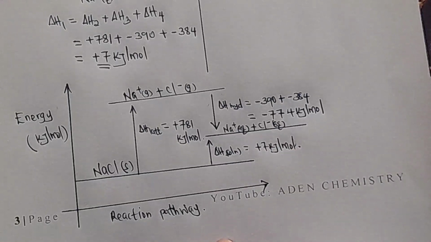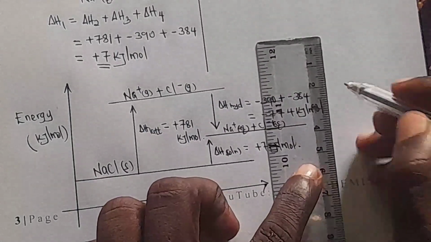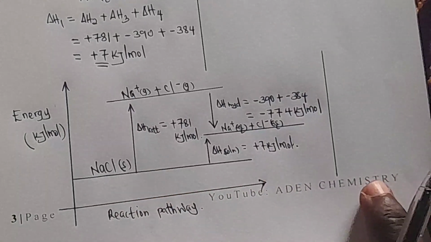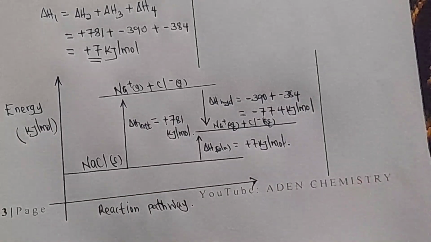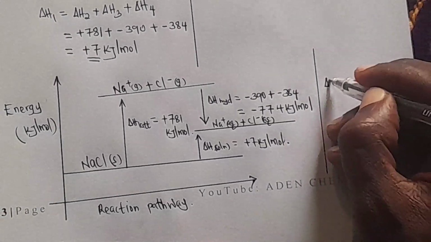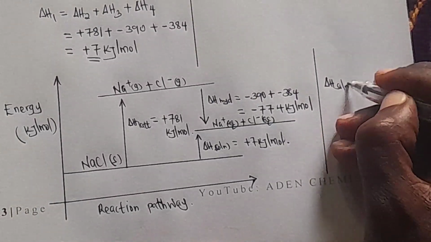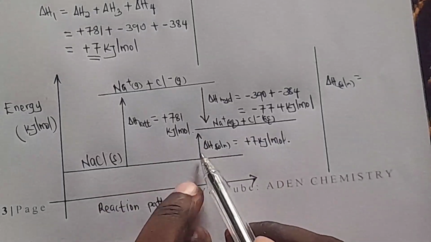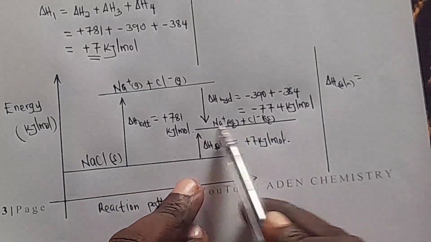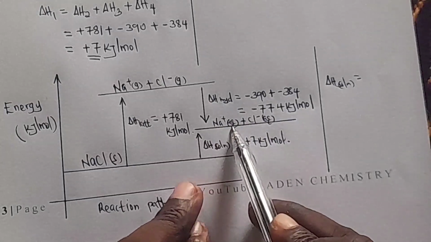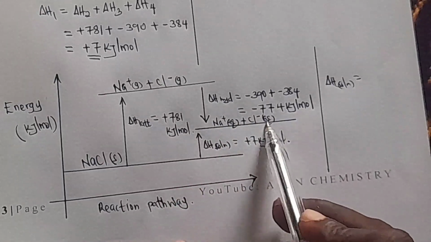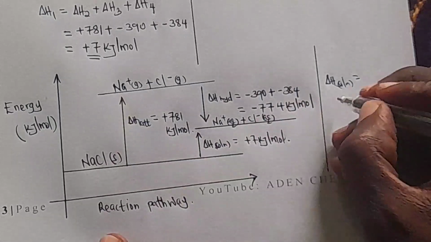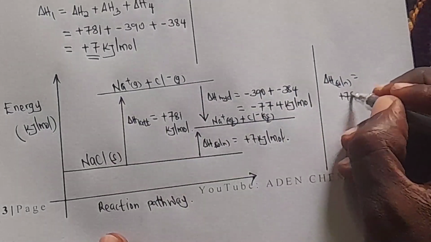If you don't know the value of the enthalpy of solution, and you have started by drawing the energy level diagram, you just need to know how to get the enthalpy of solution. It is here, using Hess's law. That means to get these products, sodium ion aqueous and chloride ion aqueous, you can go through this route of lattice energy, which is positive 781.